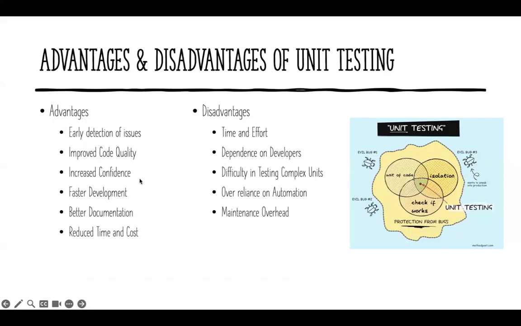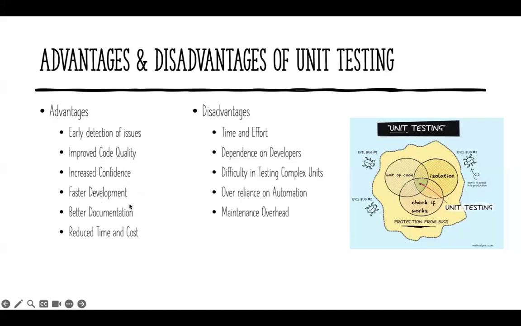It can also increase confidence. Unit testing provides developers with confidence in their code as they can validate that each unit of the software functions as expected. So by using unit testing, developers can gain higher confidence in their code.